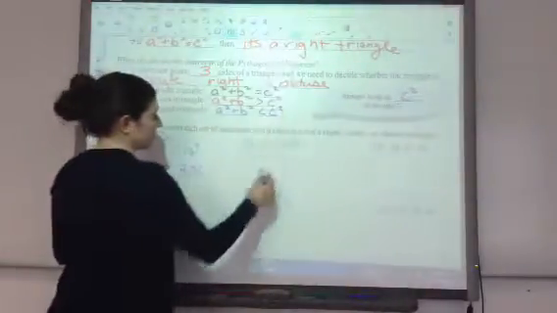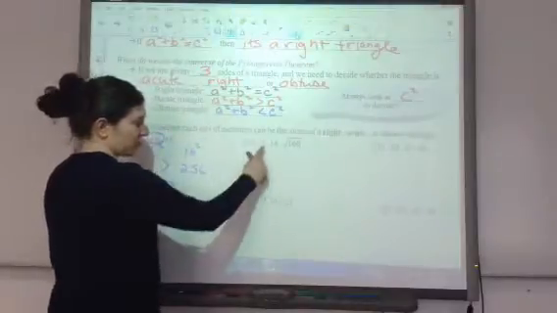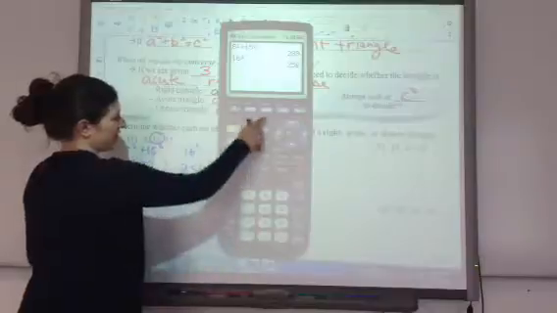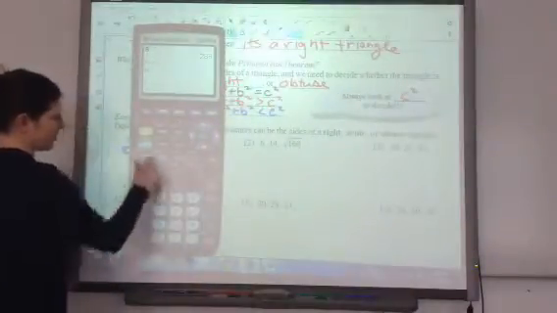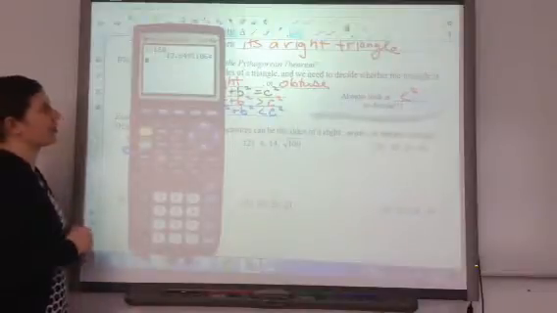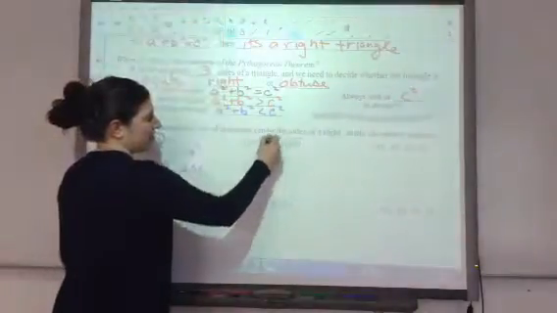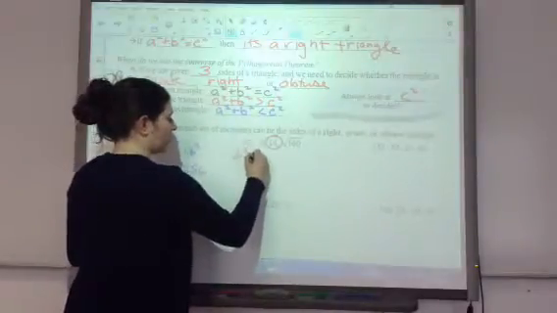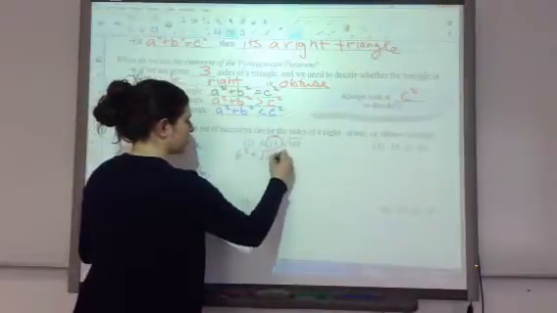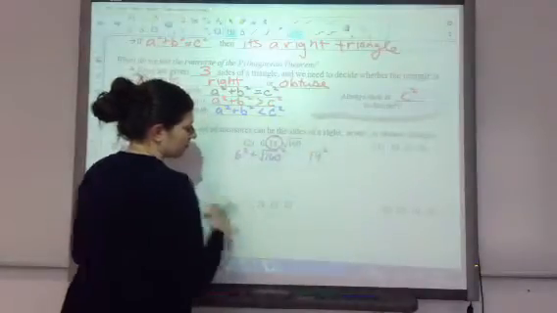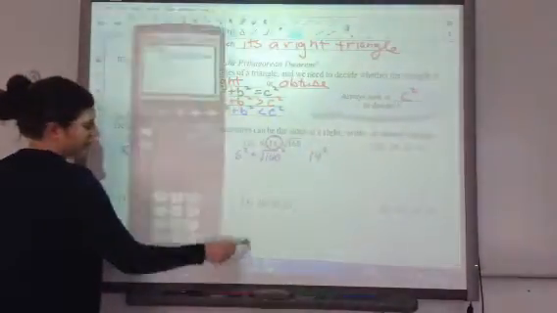So let me test out this one. I'm not sure which one's the biggest, 6, 14, or the square root of 160. I don't know, so I need to see what the square root of 160 is in my calculator. So I get 12.6, so I can tell that this is going to be my c, it's the biggest. So 6 squared plus the square root of 160 squared. How does it compare to 14 squared? Okay, it's just a calculator thing.